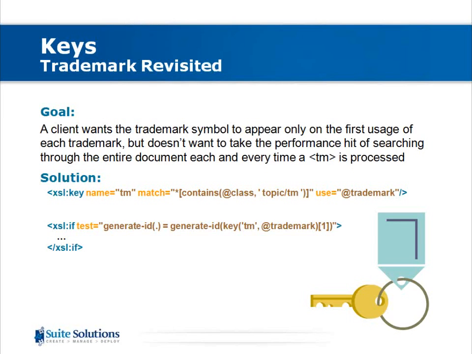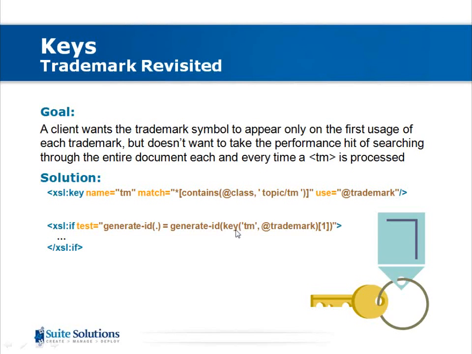And then instead of what we had before, where we looked at all the preceding elements and saw if there was any one that had the same trademark element, what we can do instead is what you see right in front of you right now. I'll get back to the generate-id function in a second, but for now, what we're essentially saying here is: if the current element, the dot, is equal to, and then we retrieve the key method that you see here, calling key retrieves the values from that particular key.